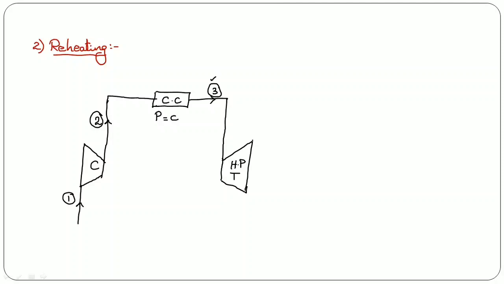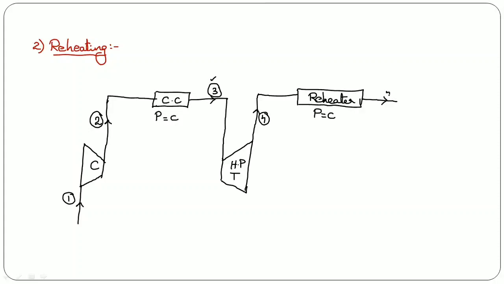Now in this high pressure turbine, air gets expanded from 3 to 4 and enters into a device called reheater here. So in the reheater, at constant pressure heat is added.